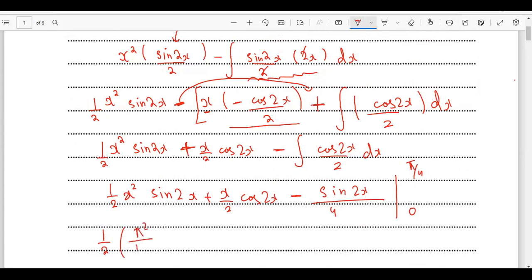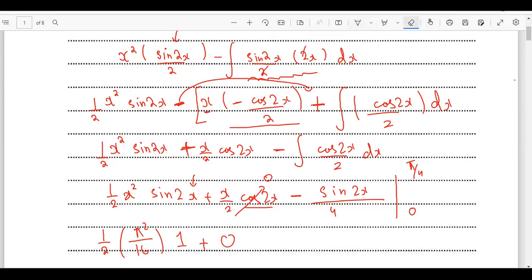Then sine of pi by 2, because it is pi by 4. When I plug in pi by 4 here, it would give me pi by 2. That would be 1. Plus, what is the value of cos at pi by 2? It is 0, right? So this would become 0 plus 0.